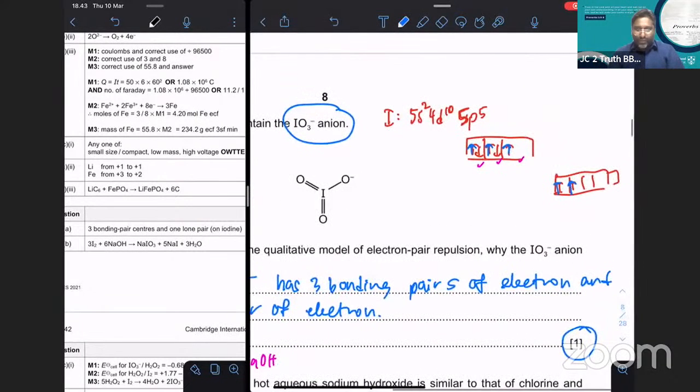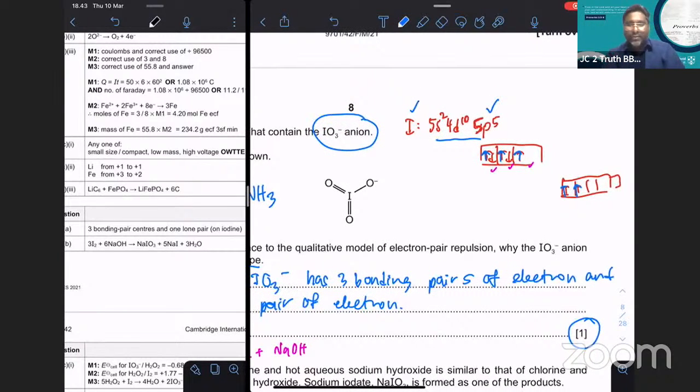But if you want to go in detail, of course you can actually look at the periodic table and you'll get something like this. 5s2, 4d10, 5p3. I think those good students, you know how to write all this. And we know that this part, the p has 5 electrons.